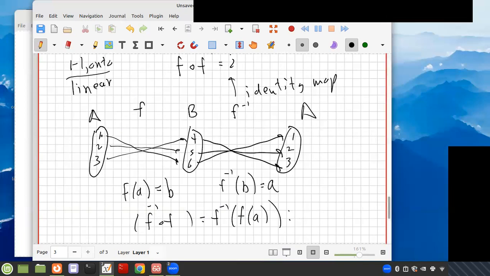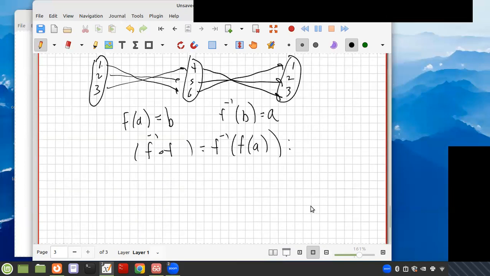If I take A as 1, F of 1 is 6. F inverse of F of 1 equals F inverse of 6. F inverse of 6 equals 1. So that means 1 goes to 1. And you can see it's going to continue along this line.